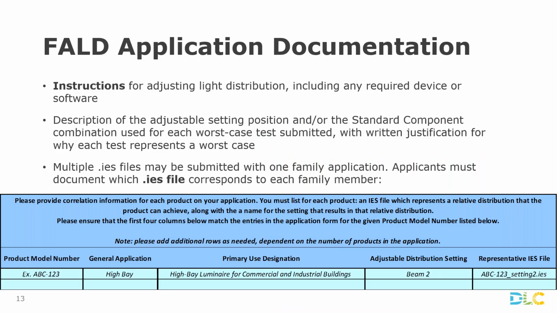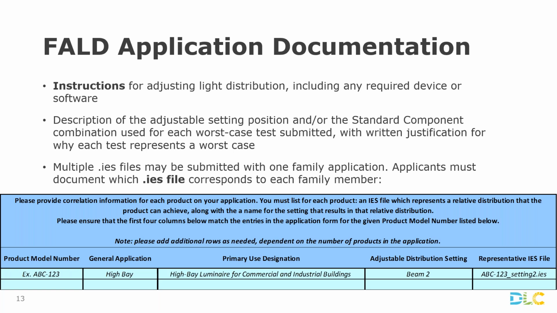Now there are a few items specific to field adjustable light distribution that we need on an application for the DLC to review and add the product to the QPL with the right listing. So we are looking for the instructions about how the light distribution is adjusted.